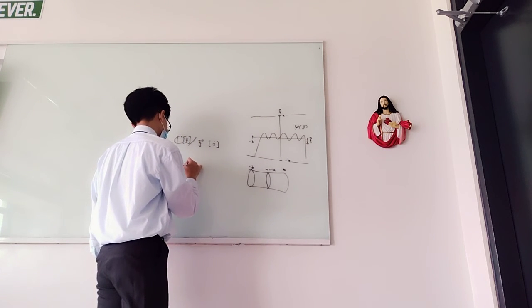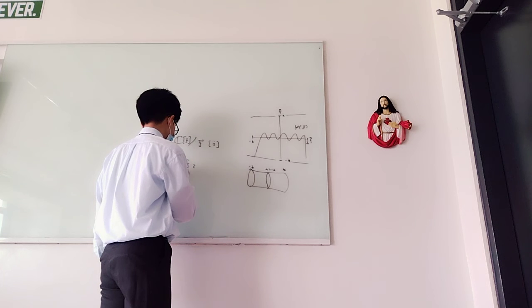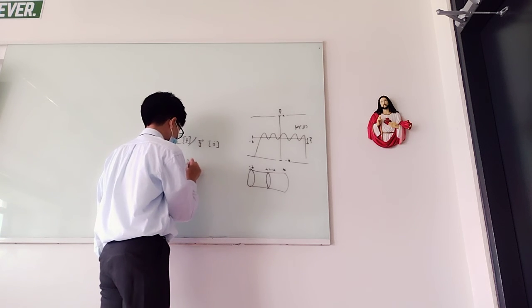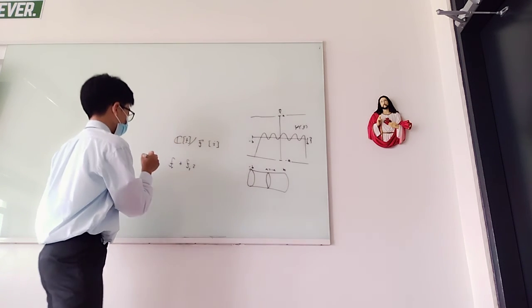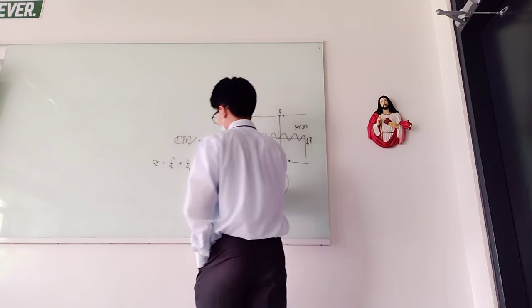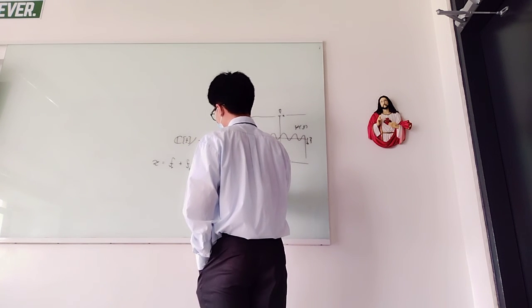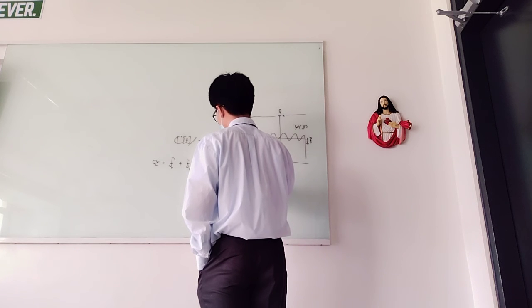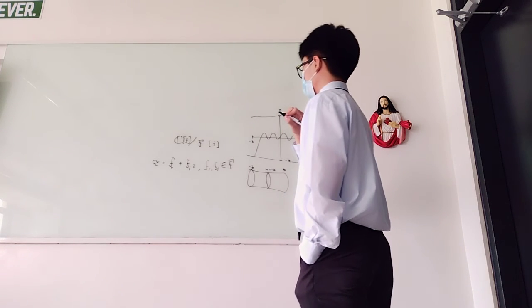F plus Fi, where this is the real component, this is the imaginary component. So all Z such that Fr and Fi are inside our fundamental or underlying Femboy set.